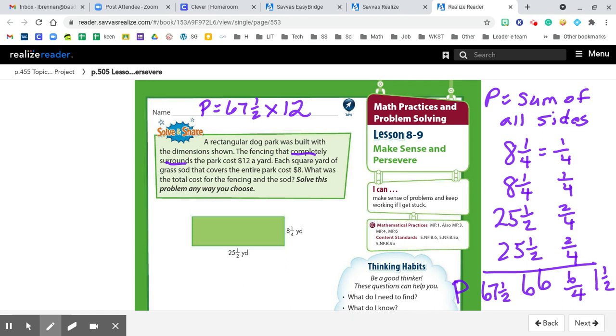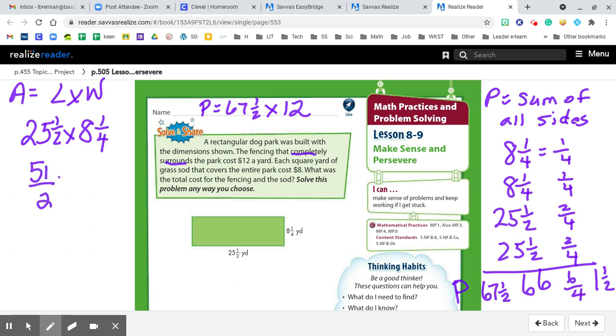And my area, let's find the area and then we'll solve the cost. Area equals length times width. This is a nice rectangle. So we have 25 1/2 times 8 1/4. I can turn 25 1/2 into 51 over 2, and 8 1/4 I turn into 33 over 4.